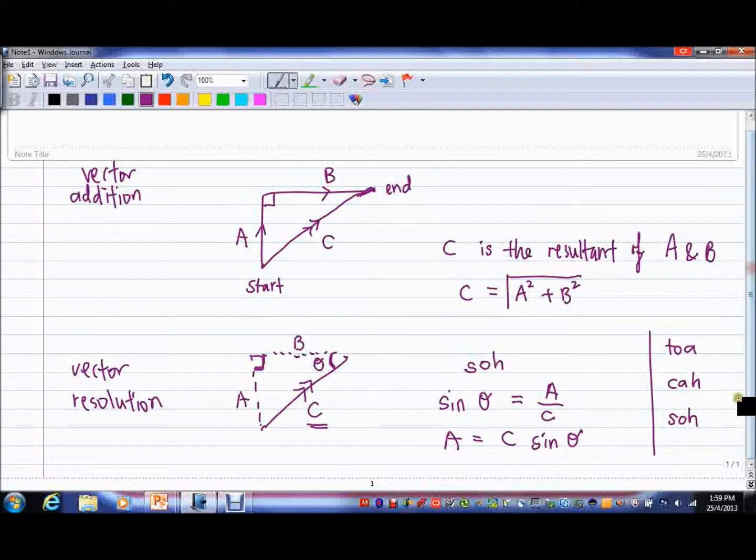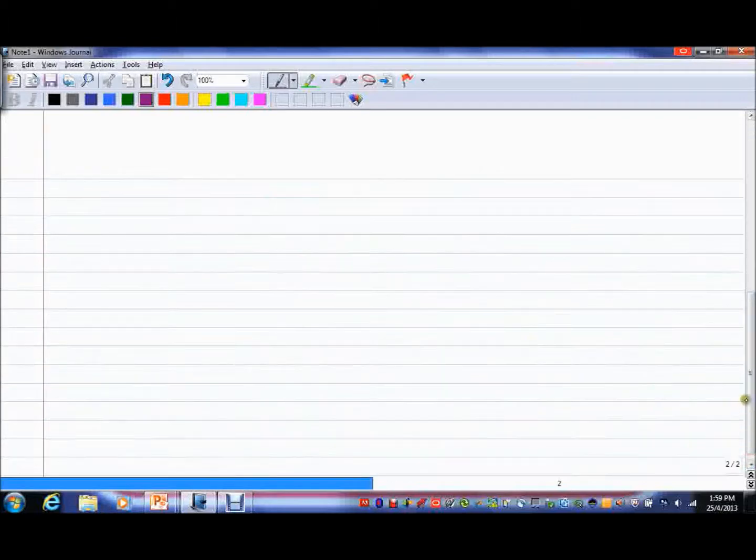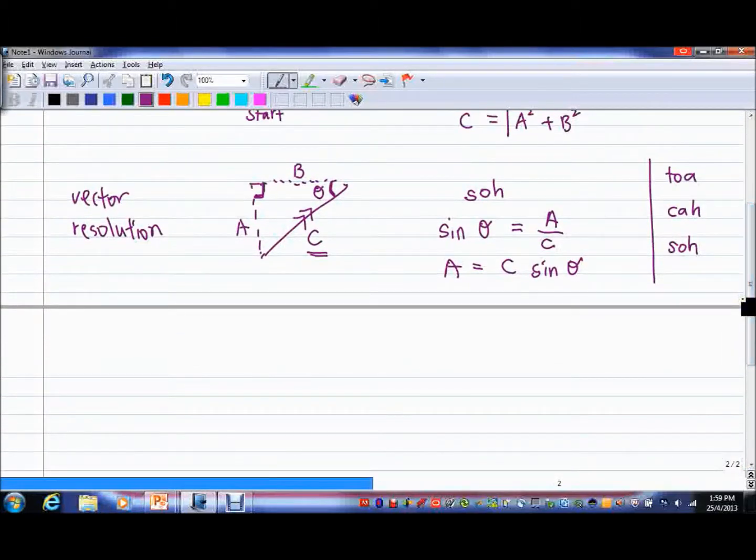Then we take a look at what about finding B? B is adjacent. You are given C, so you have adjacent. C is your hypotenuse. The vector that you want to resolve will always be the hypotenuse. Then here I will use CAH. CAH is cosine, so in short we call it cos.